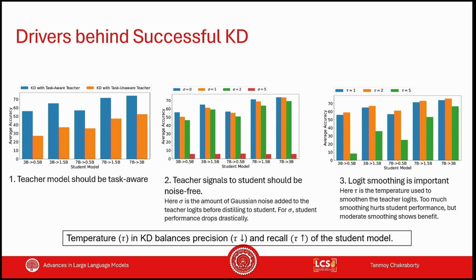The third one is, I hope you remember the temperature parameter. We used it in the softmax, e to the power z by T, or tau. Let's look at the importance of this temperature parameter in KD. Some of you know that if you increase the temperature, what would happen in the distribution?